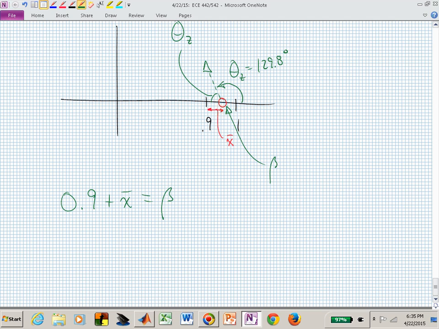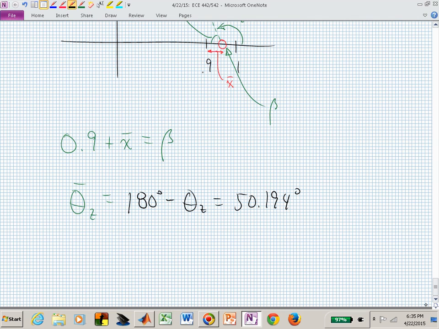So that now theta sub z bar, the way that I defined it, was 180 degrees minus theta sub z, so this is now 50.194 degrees.